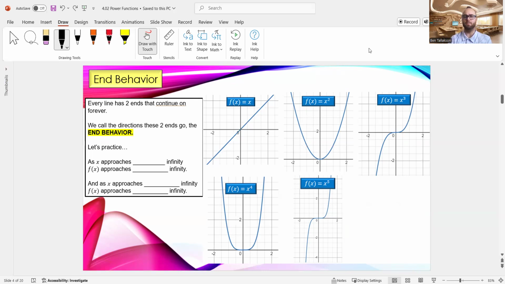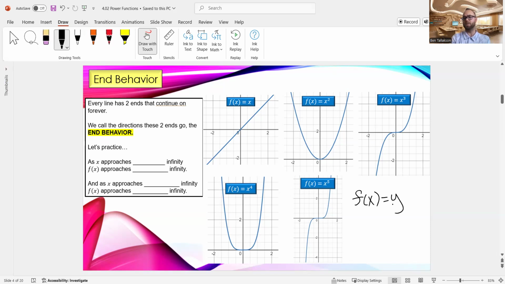We're going to look at that in a minute, but before we look at transformations, let's talk about end behavior. Every line has 2 ends. I think we can all agree with that, right? And these ends continue on forever. You don't see arrows here, but they're there. The other very important thing to know is that f of x is the same as y. Write that down right now, please.